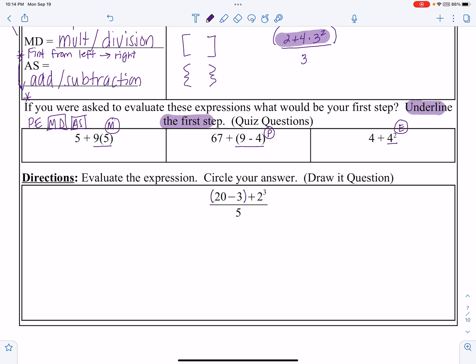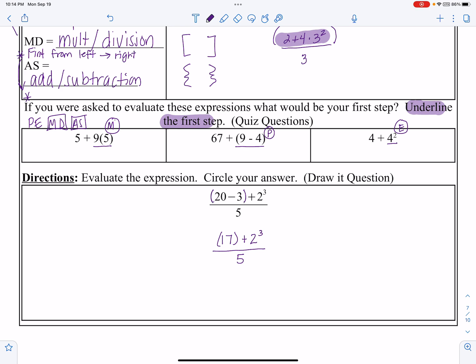You do need to be rewriting your expressions as you solve things. So 20 minus 3 is 17, and now I have 17 plus 2 cubed, or 2 to the 3rd power, and all that is over 5.